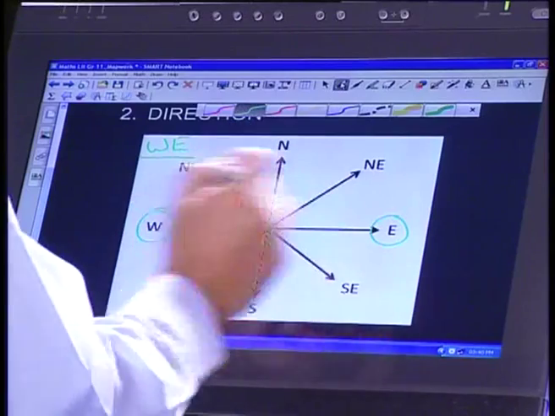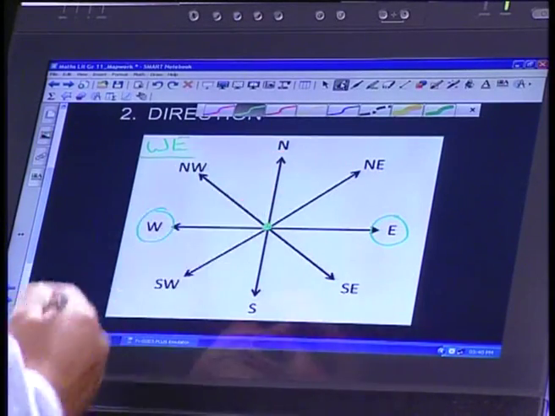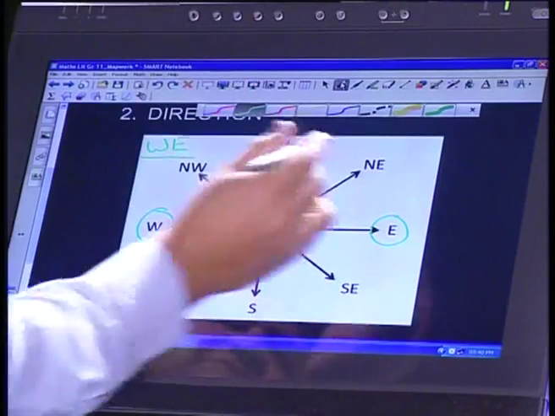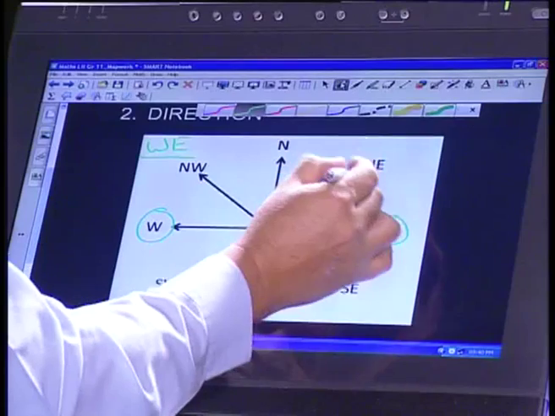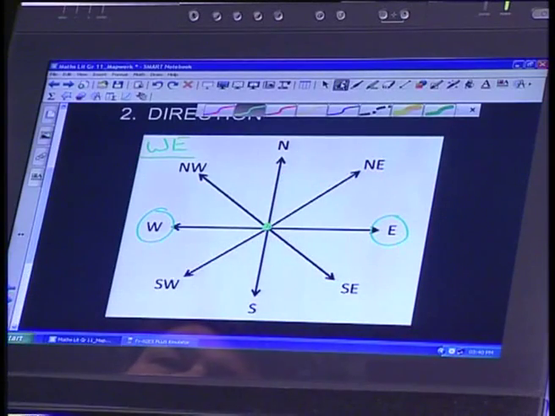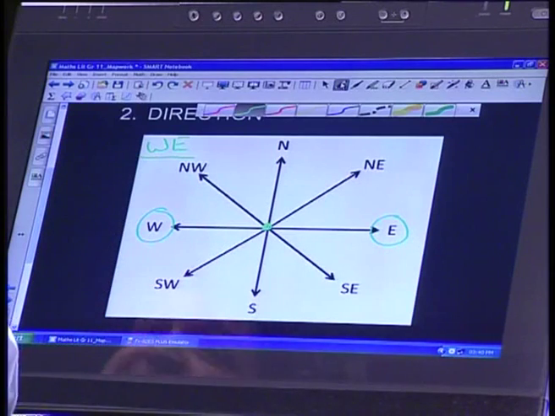Between my north and my east, I've got northeast. Why not east-north? Well, north is more important to us, so we're going to put it first. Remember, we started off by looking at north and south, and we said that's our most important line. So we're going to call this point here northeast, and this direction over here northwest.